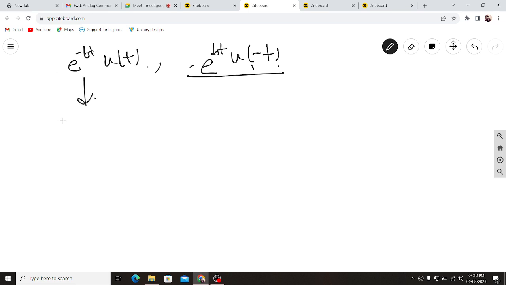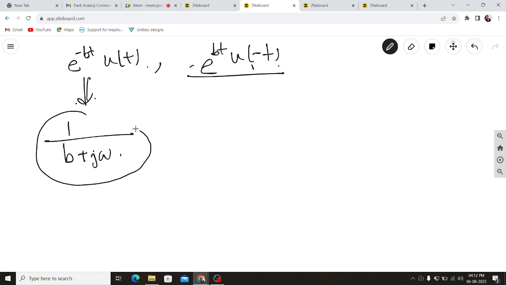Basically it will be 1 by b plus j omega, and 1 by b minus j omega.